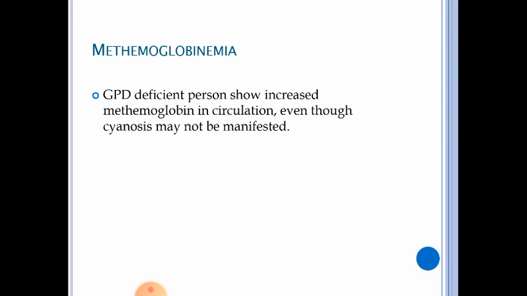Peroxides and ROS are not removed by the NADPH, so they will be in more amount. The iron in RBC is not kept in its reduced Fe2+ state, it is in the Fe3+ state, and that is called methemoglobin, which is functionless, it cannot carry oxygen.